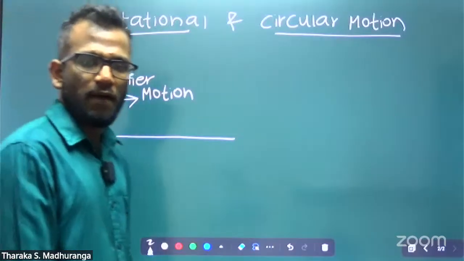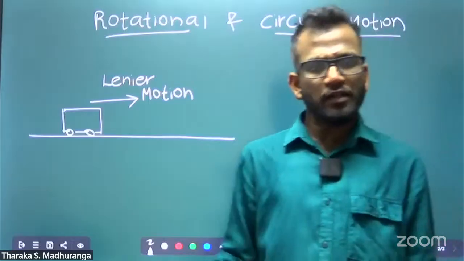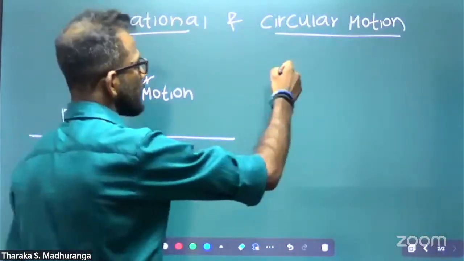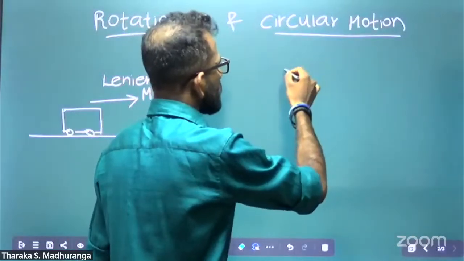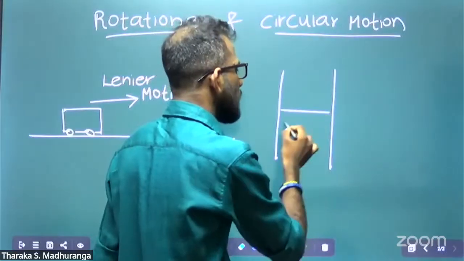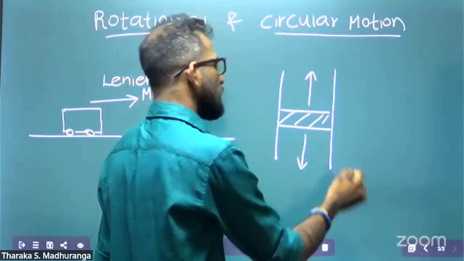What else? You know, in the engine, the piston, this is a cylinder. How about the motion of the piston? It is up and down motion. What's the name? Reciprocating motion. Very good.